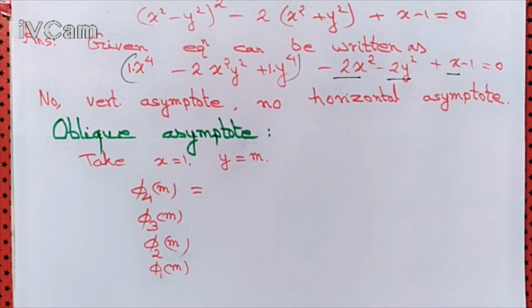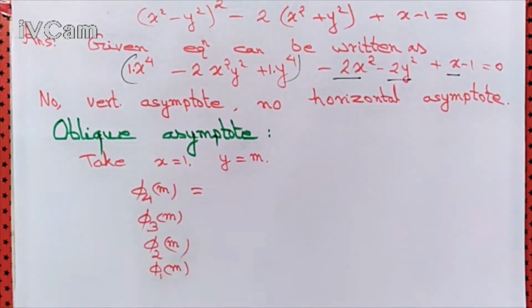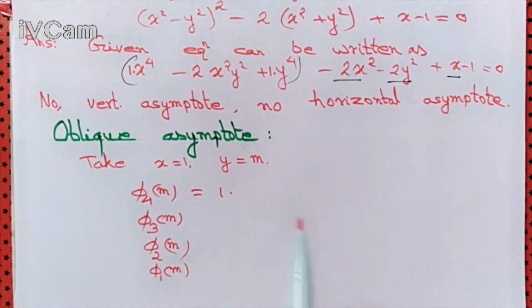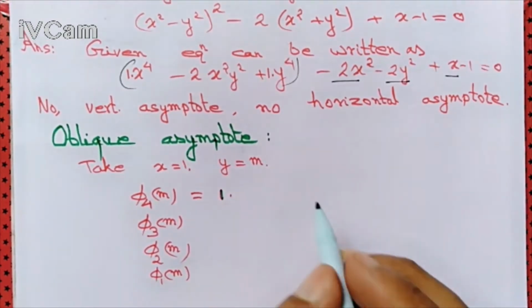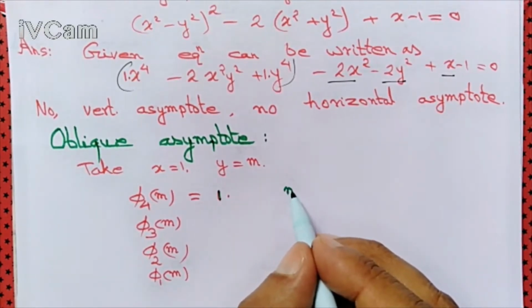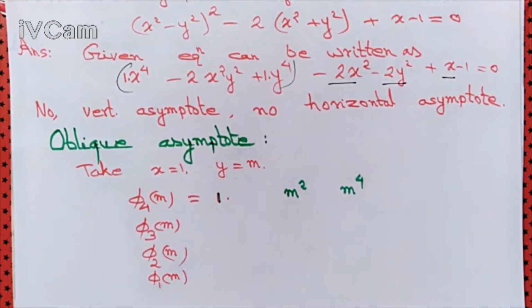What is phi 4 of m here? Take x equal to 1 and y equal to m for each term of degree 4.